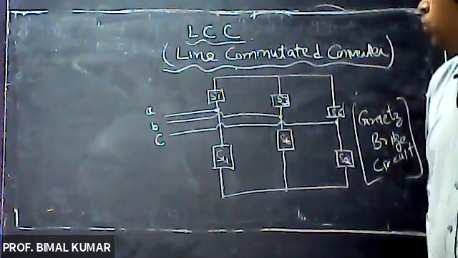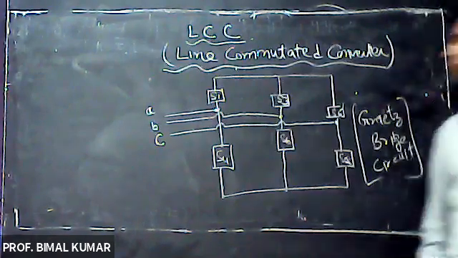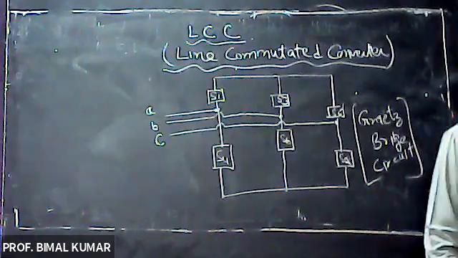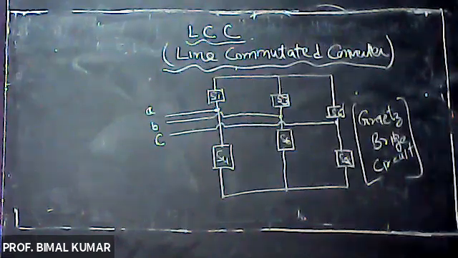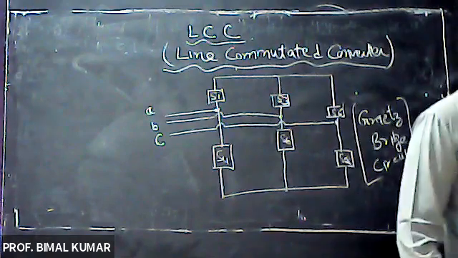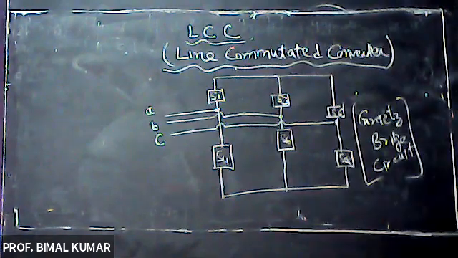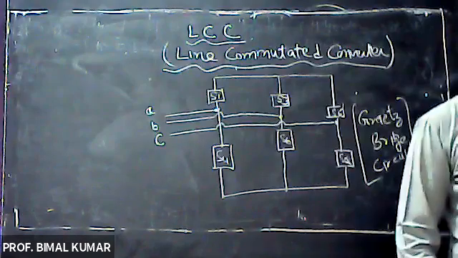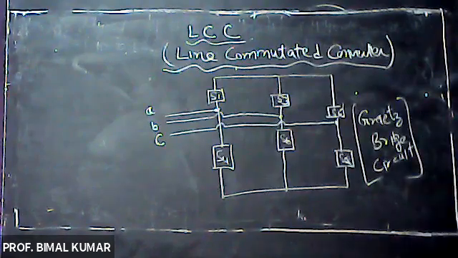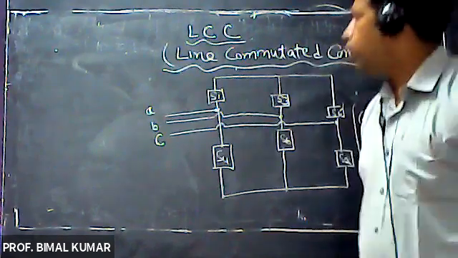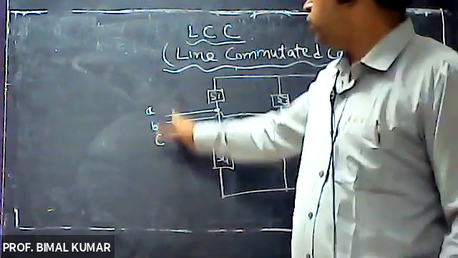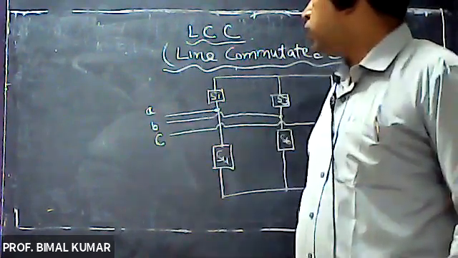Now, whenever I am talking about LCC, that means line commutated converter, in that particular case the input to the bridge circuit can be fed from the transformer winding connected either in star or in delta, because here we are basically dealing with a three-phase supply.